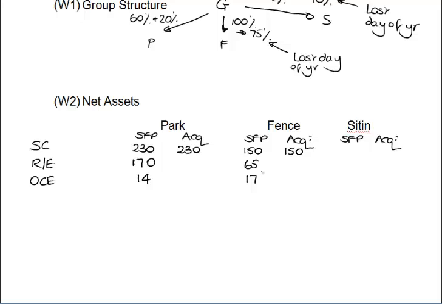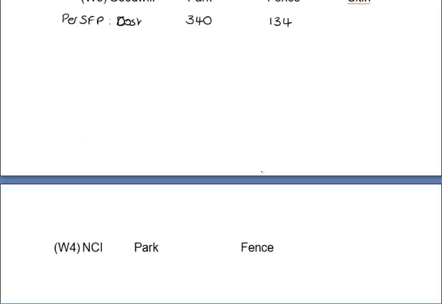The figures for the parent always go into our group reserves note, which is working number 5. Retained earnings and OCE for the parent, 410 and 22. So that gives us our total equity totals.